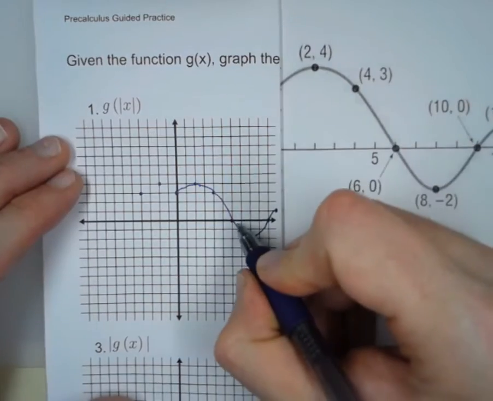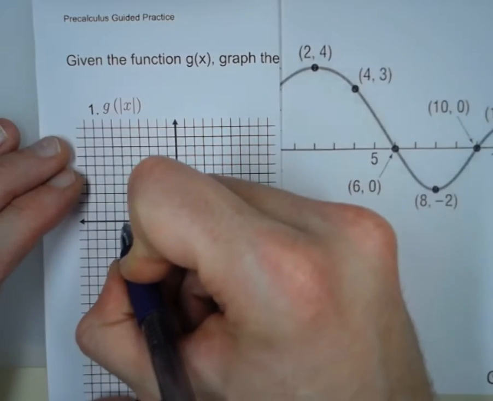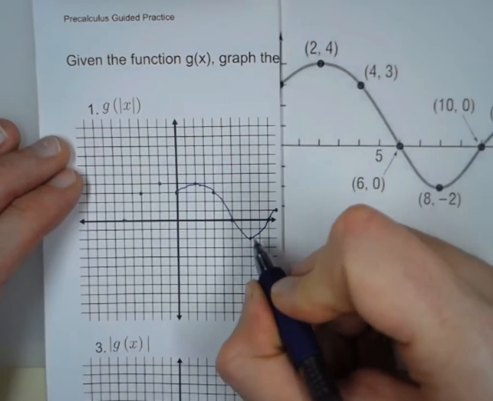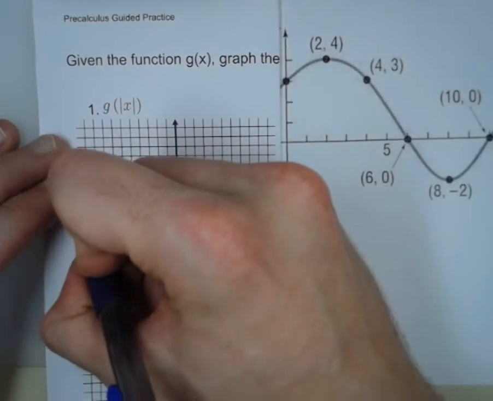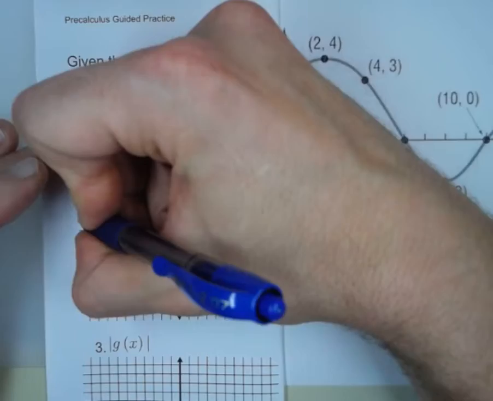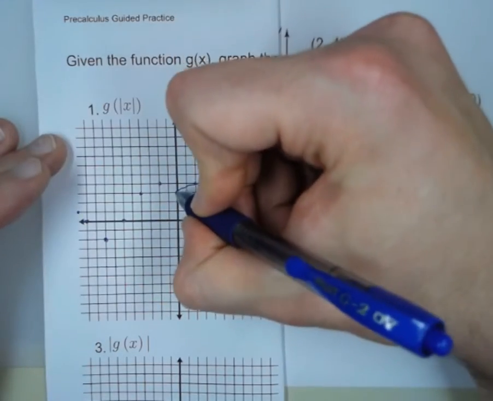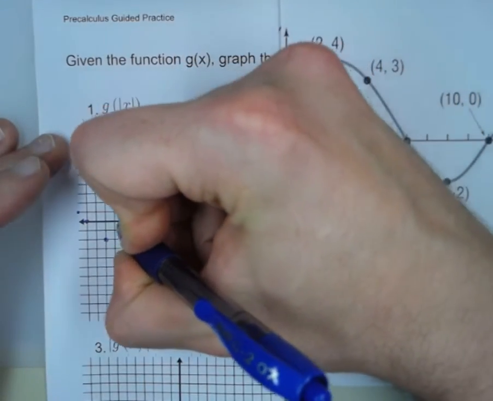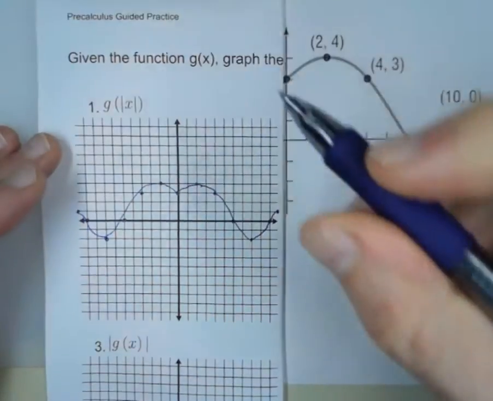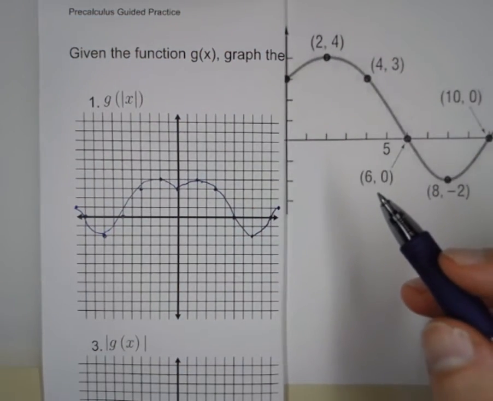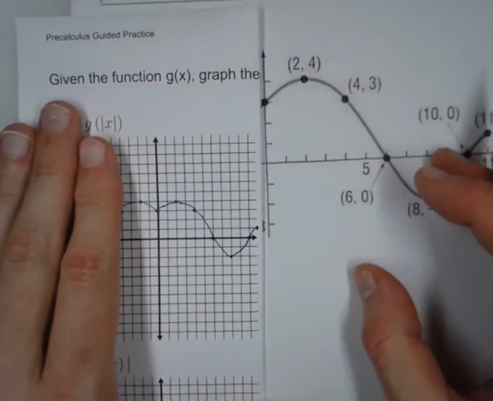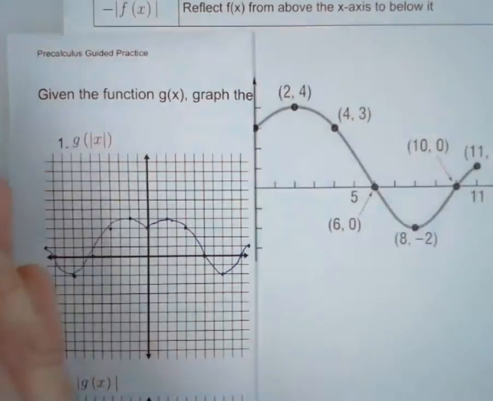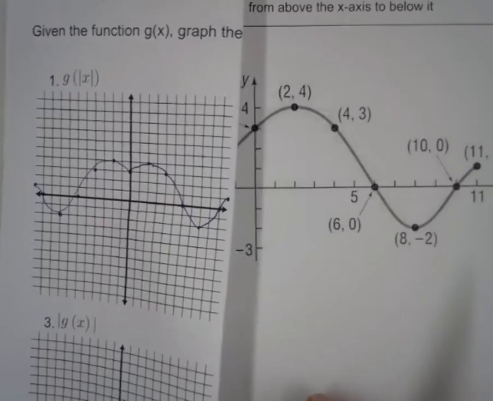So I'm just reflecting every point across the y-axis. So there we go. So that is what g of absolute value of x is. Again, we only consider the positive half of the graph and then reflect it over to the negative side.